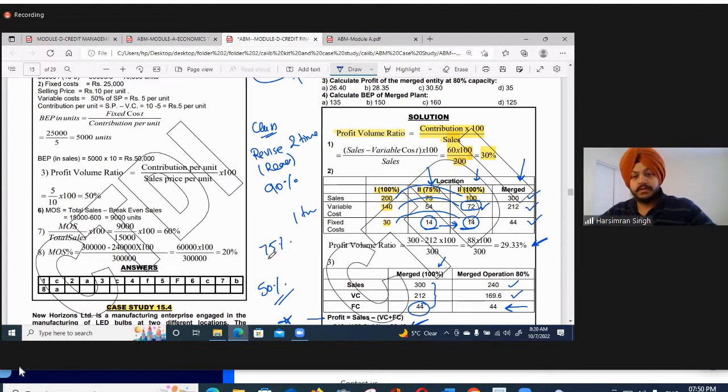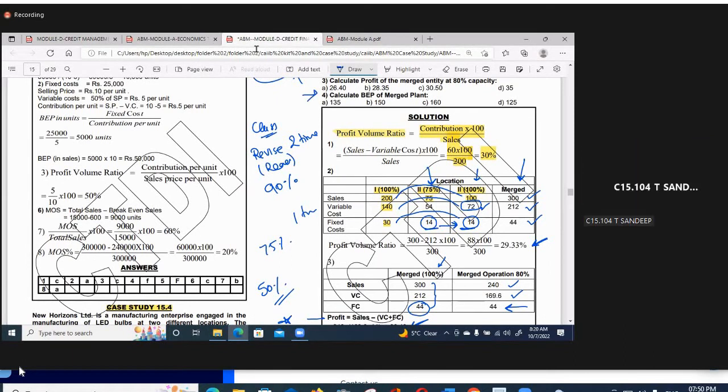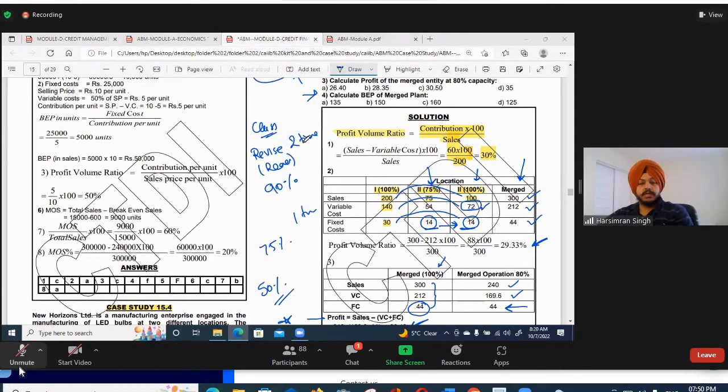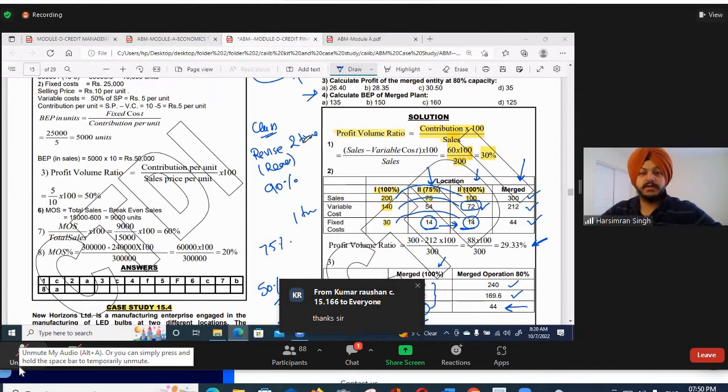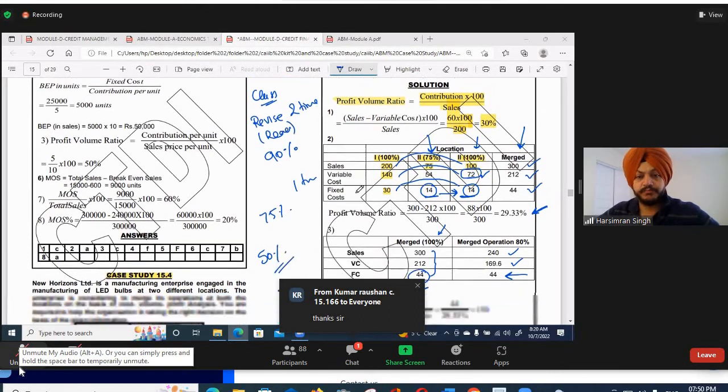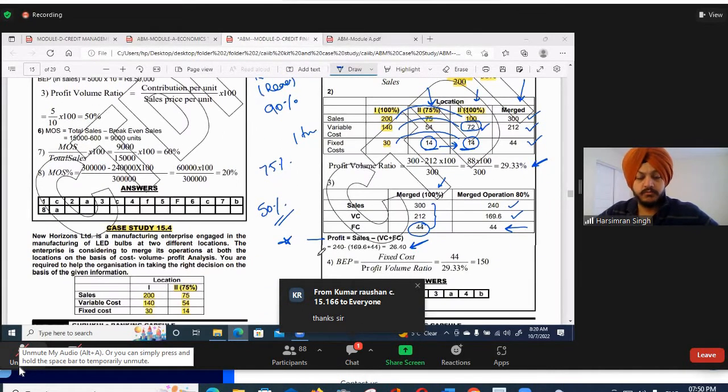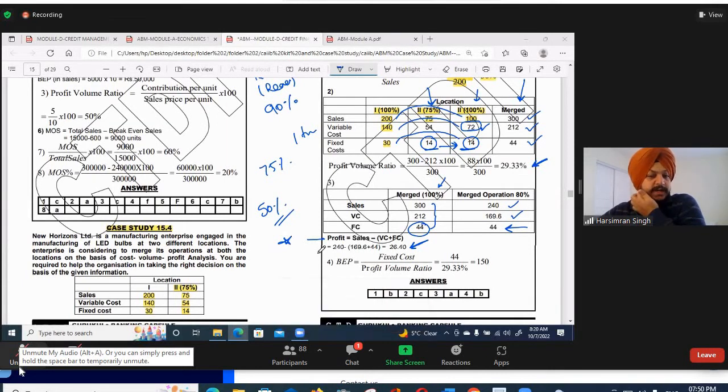Next. Now, question number 4. Calculate the break-even point of the merged plant. Now, what is the formula of break-even point? Fixed cost divided by PV ratio.